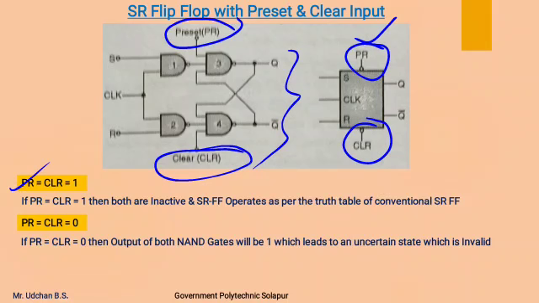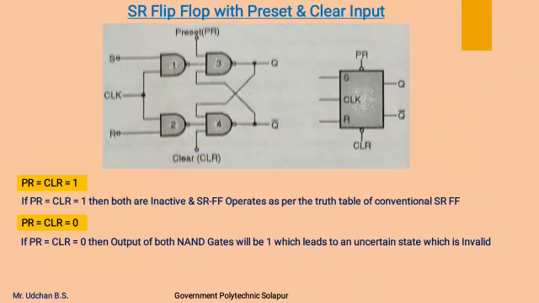When preset and clear are both 1, meaning both are inactive, as both inputs are active low, then the SR flip-flop operates as per the truth table of the conventional SR flip-flop, as we studied in the previous lectures.